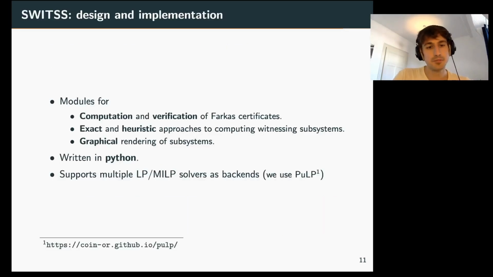Now, to wrap up, SWITSS has modules for computing and verifying Farkas certificates, for exact and heuristic methods to compute witnessing subsystems, and graphical output of the subsystems. It's written in Python.